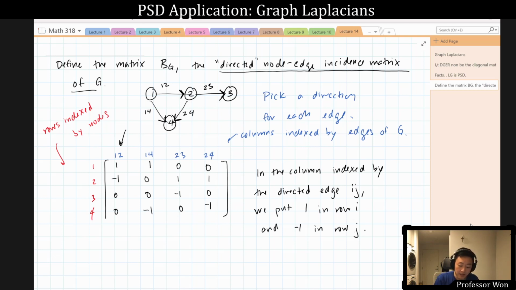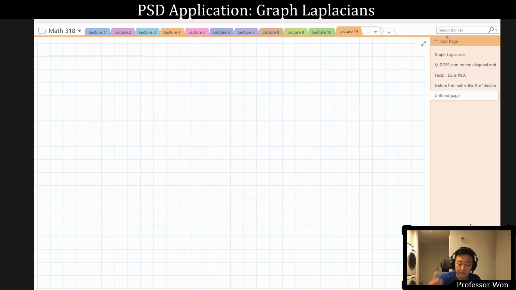Now it turns out that if you take this matrix to be BG, then LG will equal BG times BG transpose. I guess we could do that. Really, you should do it, but let me do that.